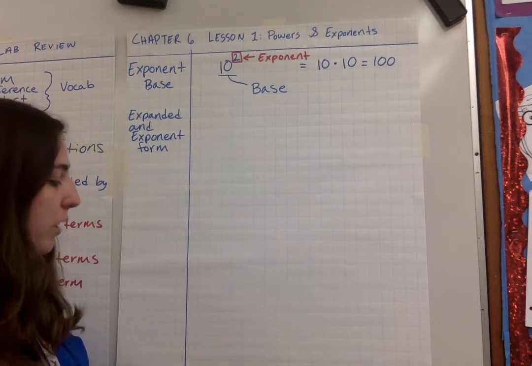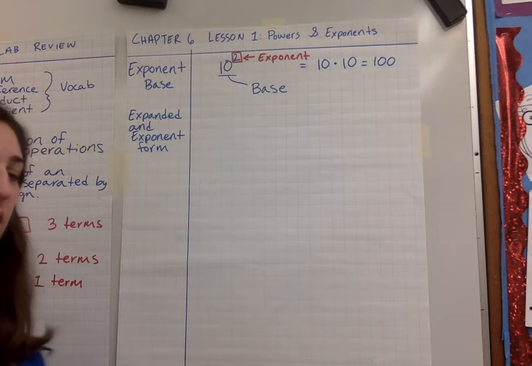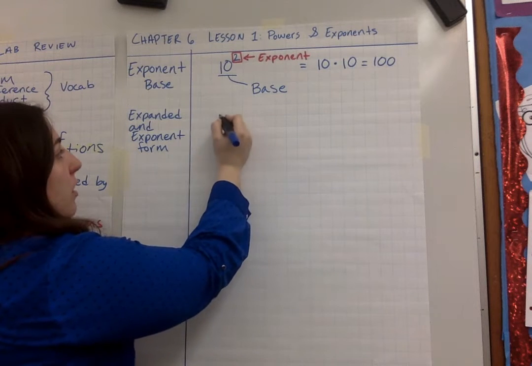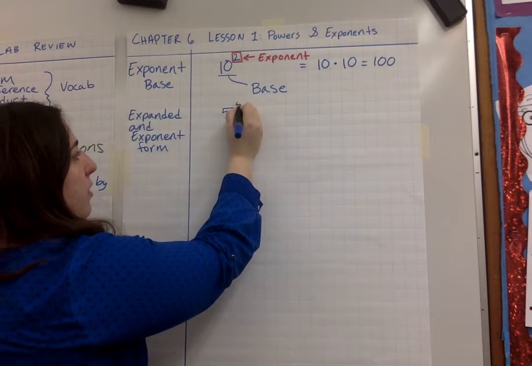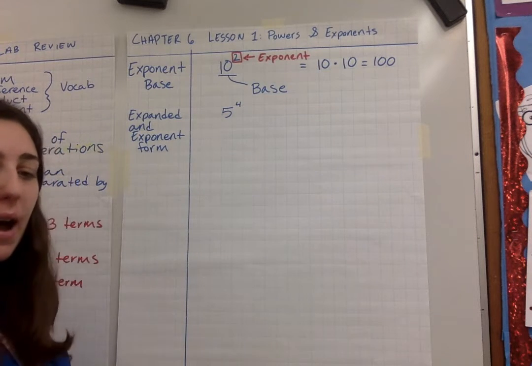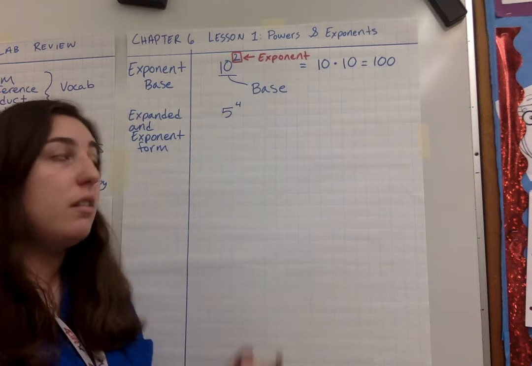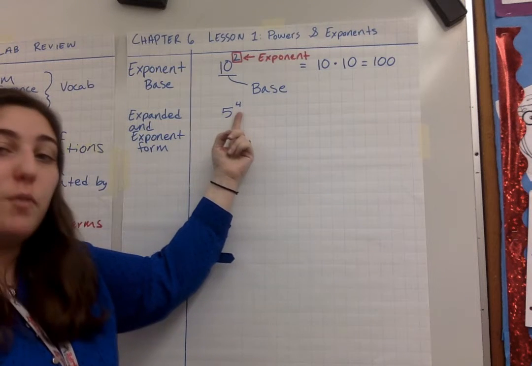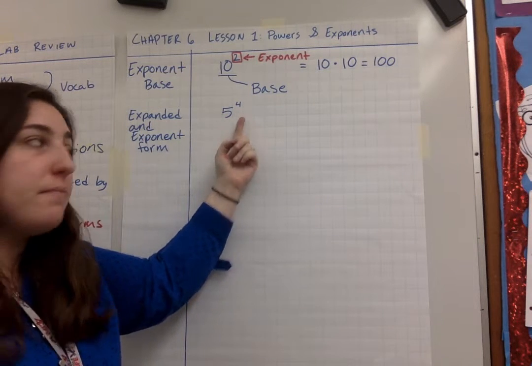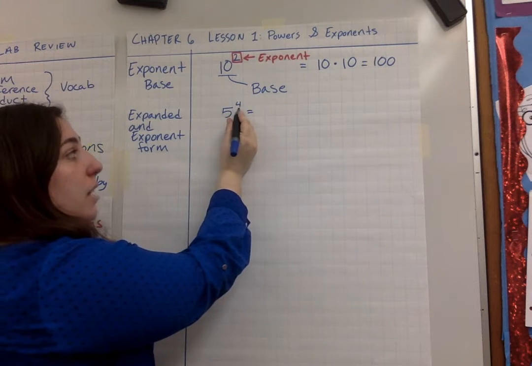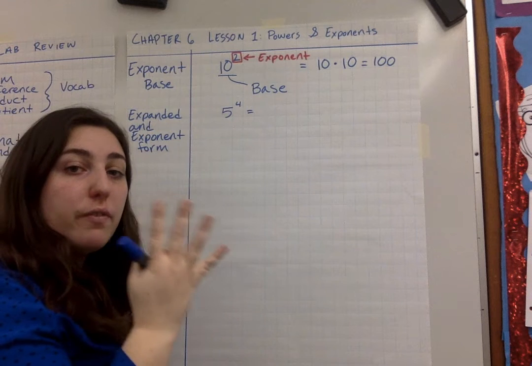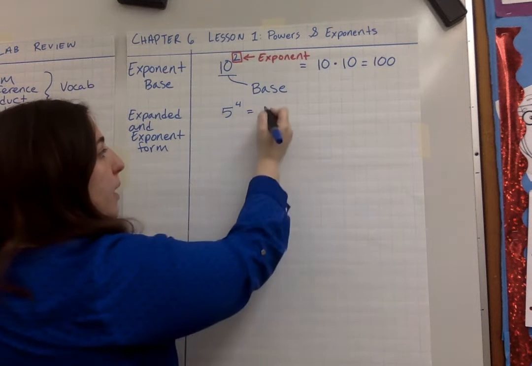Okay, so let's say we have the exponent 5 to the 4th power. Once again, this would not be 5 times 4, okay? This exponent tells us that we have 4 5s, and they're multiplied by each other.